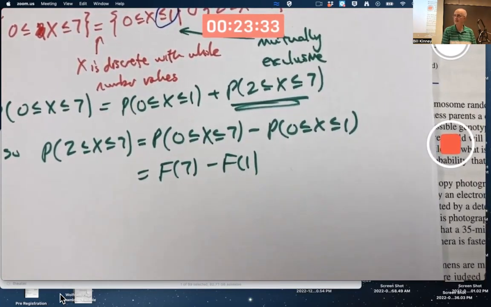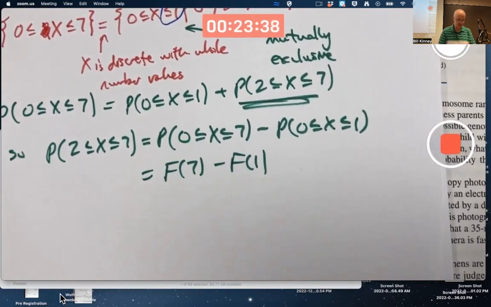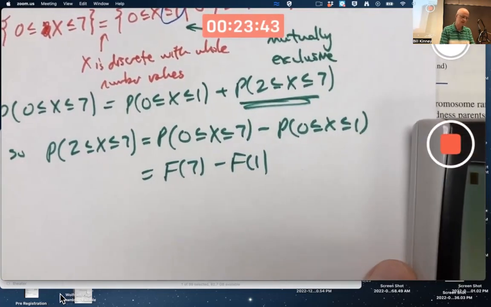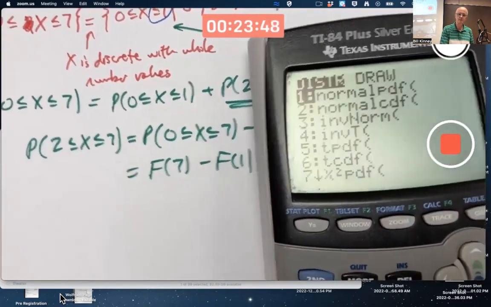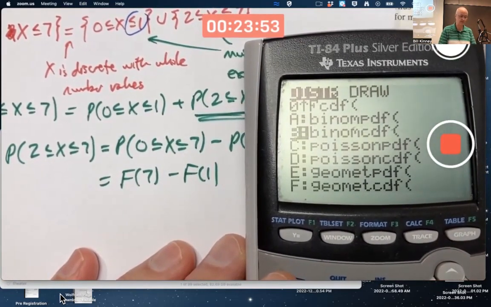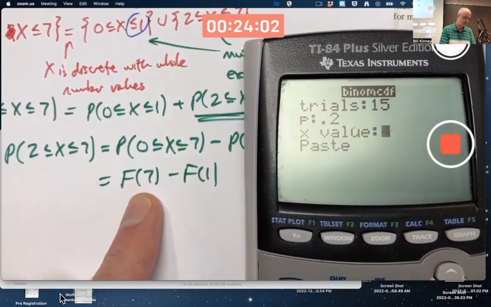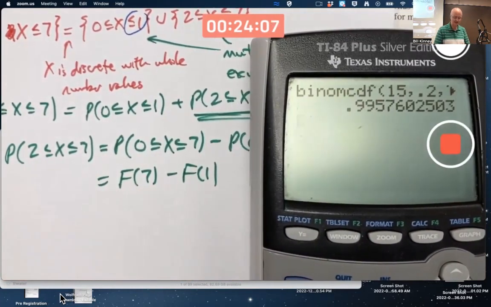You do want to get a little practice with the table. Make sure you could do it in the book. Otherwise, with technology, go to the distribution menu, binomial CDF, it's capital F. For this situation, N was 15, P was 0.2, capital F of 7 is about 0.99576.